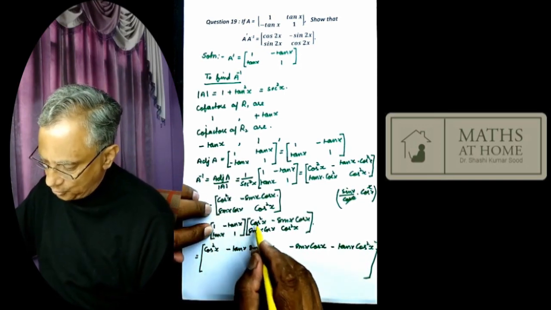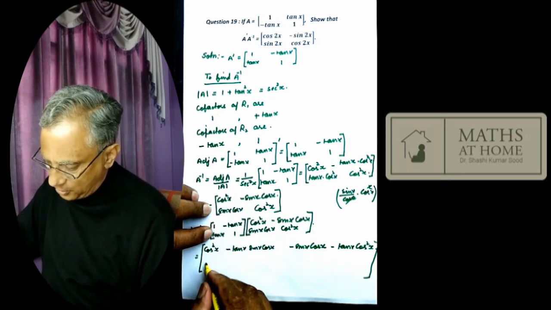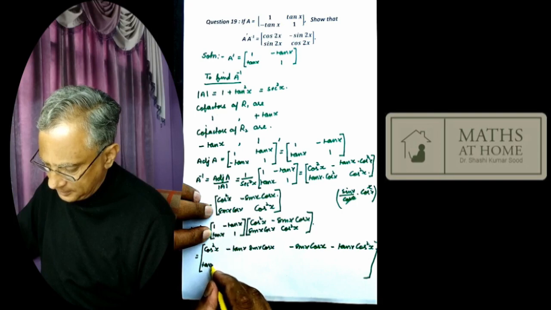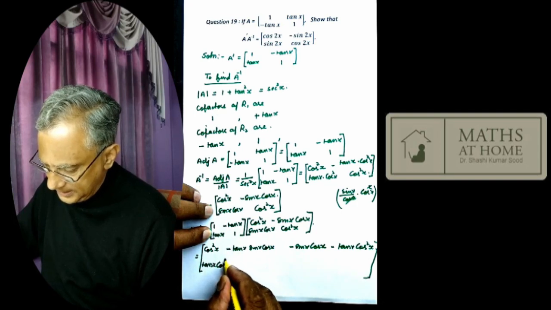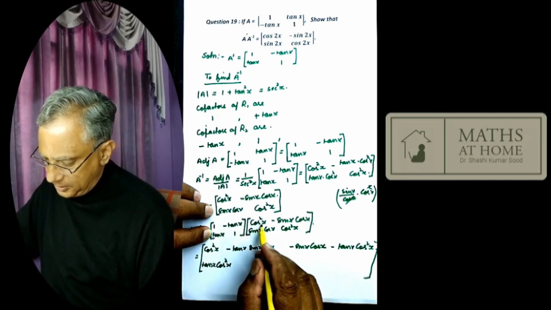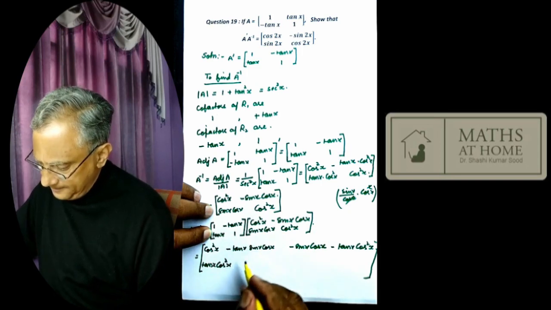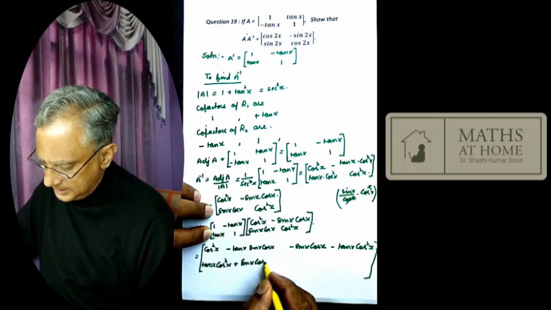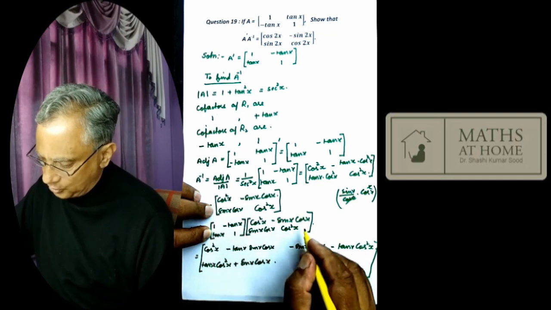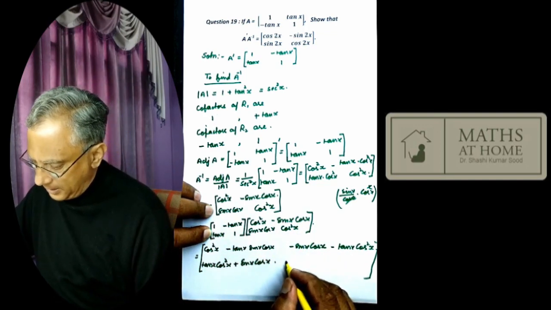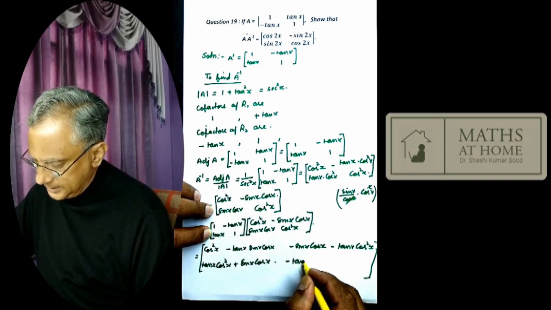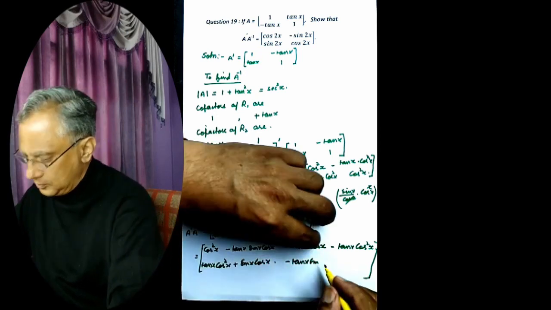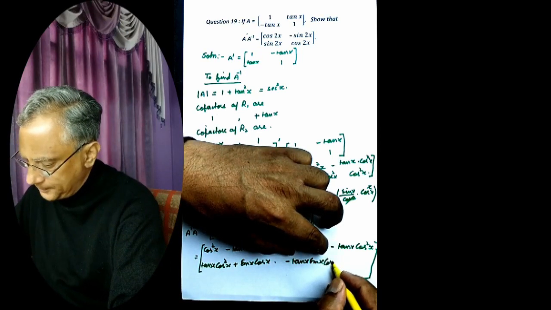Now this into this will be equal to tangent x into cos square x. Tangent x into cos square x plus sin x cos x. Now this into this will be minus tangent x into sin x cos x.